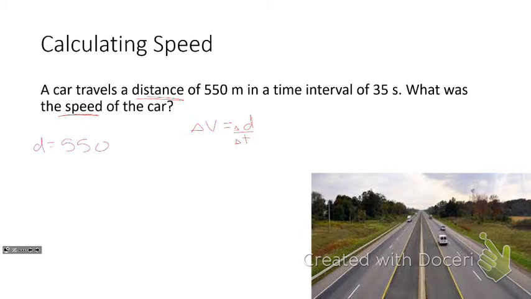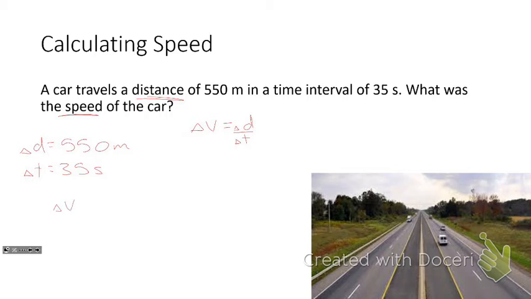So distance is 550 meters, and let's keep reading the question. I could be careful, so delta d, right, change in distance. And in a time interval of 35 seconds. So that is our delta t. Okay, now to find the speed, we just have to enter these two variables into our formula.